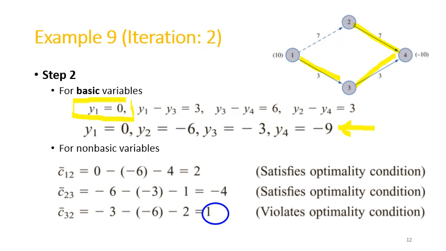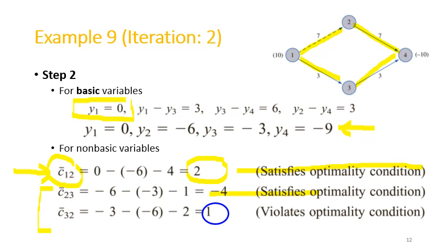For the non-basic variable at the upper bound, like x12, it is at the upper bound, we compute the c hat, and then we obtain that the value is positive for the c hat. It satisfies the optimality condition for a non-basic variable at upper bound. For x23 and x32, which are at the lower bound, we also compute the c hats for them, and then we see that one already satisfies the optimality condition.